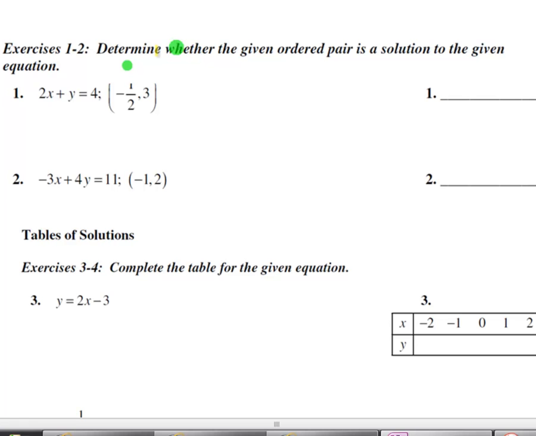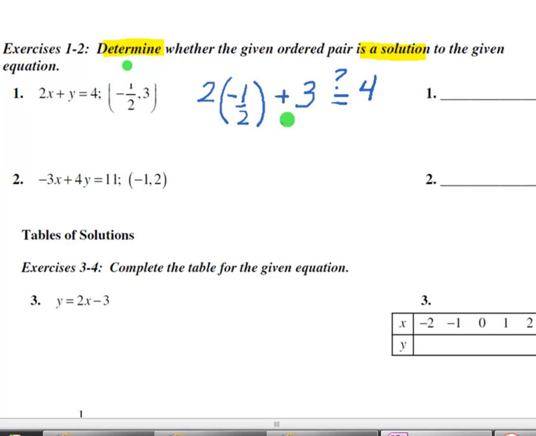So in the first exercise, let's just determine whether the given ordered pair is a solution to the equation that's given. So in our first problem, we have the linear equation 2x plus y equals 4. And we're going to see if the ordered pair (-1/2, 3) is a solution by using substitution. So we will substitute the -1/2 for x and the 3 for y.